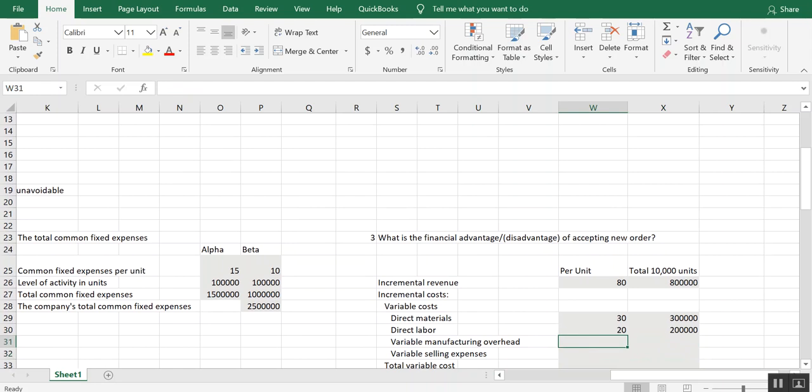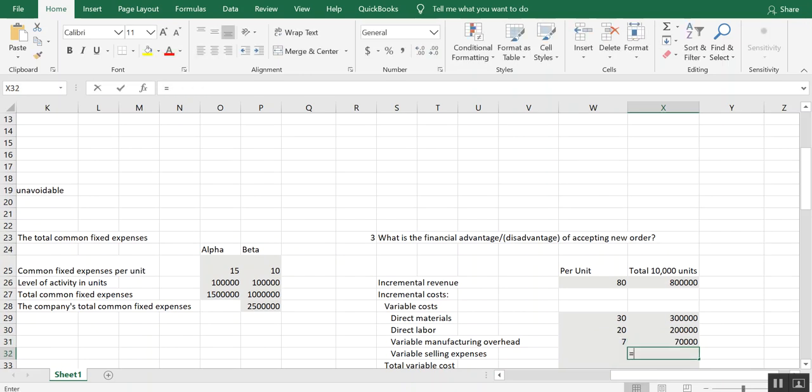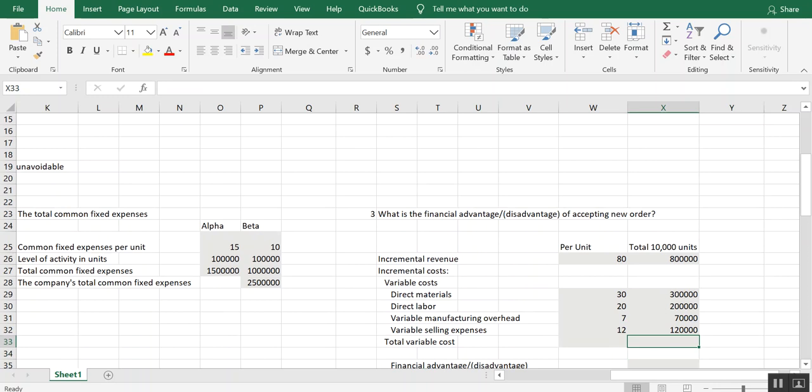We have $7 times 10,000, 70,000, and we have $12 times 10,000, 120,000. So we have a total then of incremental expenses of 690,000.